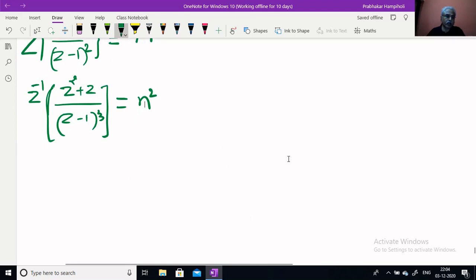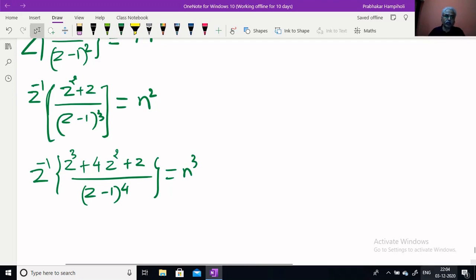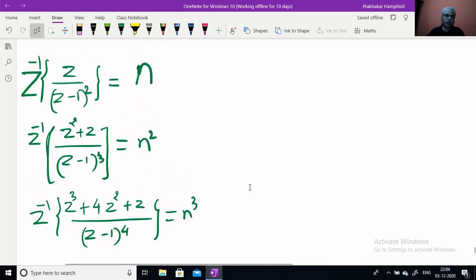So we had used some damping rules also. I'll write on the side of that. Z inverse of Z cube plus 4Z square plus Z divided by Z minus 1 raised to 4 is n cube, and so on and so forth. We had used damping rule also. If I divide by a here, this will be multiplication by a here.